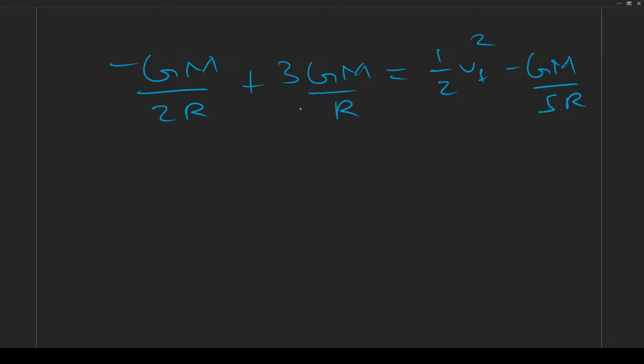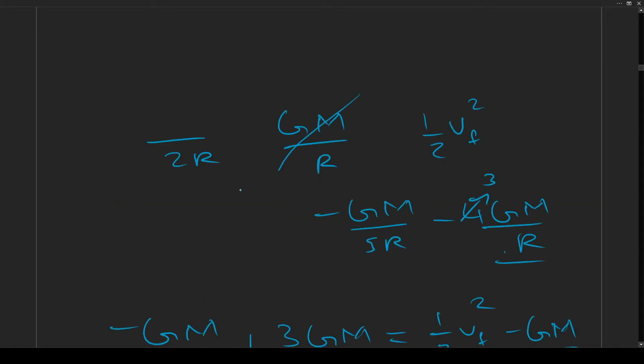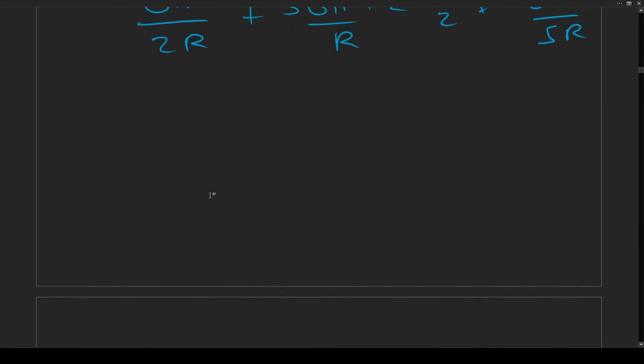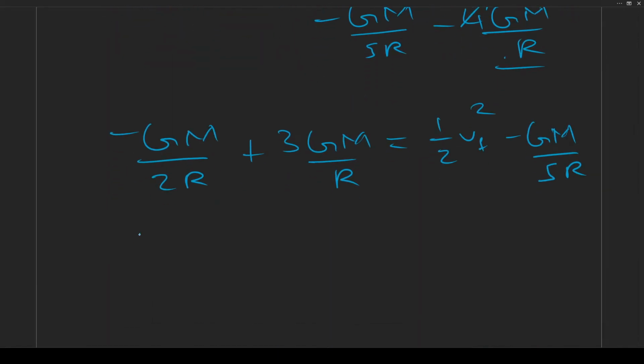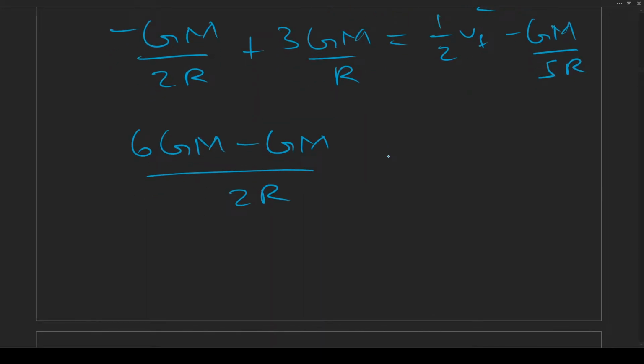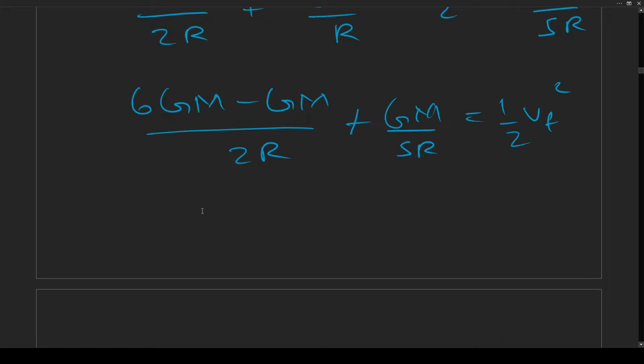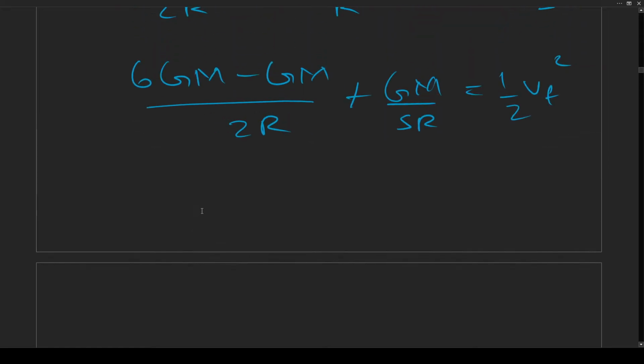Multiplying this by 2, we can get it as, wait, not 3, 6GM minus GM by 2r. This GM will shift here, GM by 5r, which is equal to half vf square. This will become 5GM by 2r plus GM by 5r.